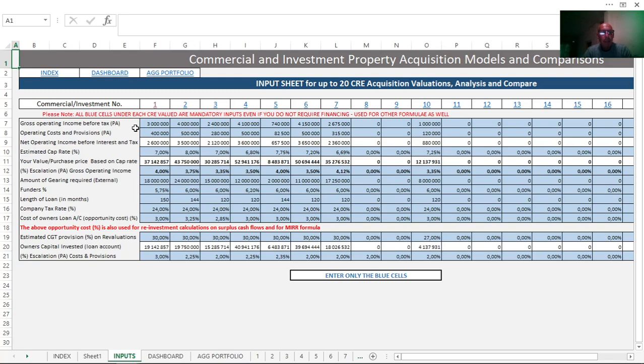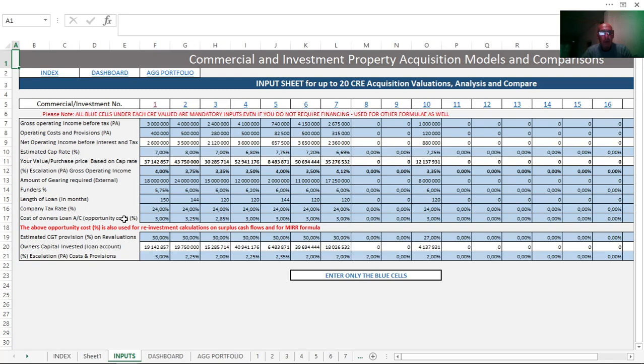Gross operating income before tax, your op costs and provisions, your estimated cap rate, market related, your percentage escalation on gross operating income, the amount of gearing required or that you currently have, funders percentage, length of loan, company tax rate, cost of owner's loan account.